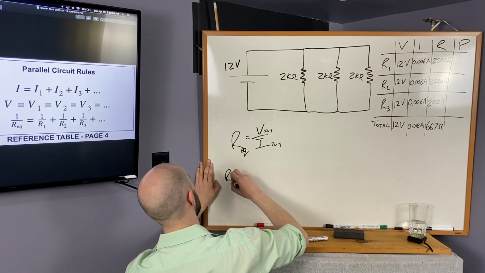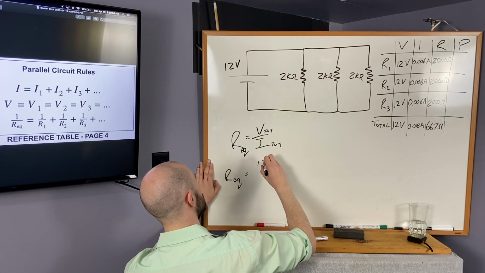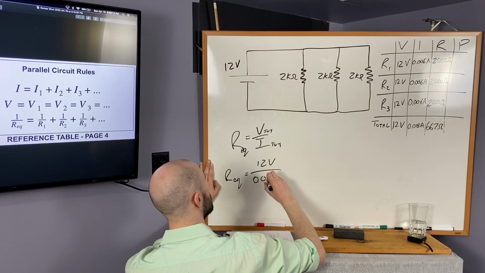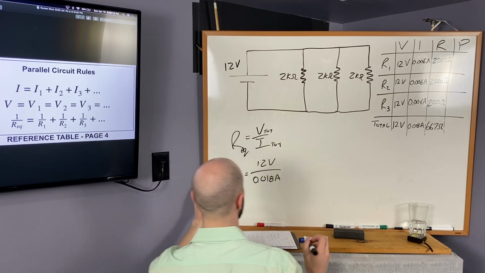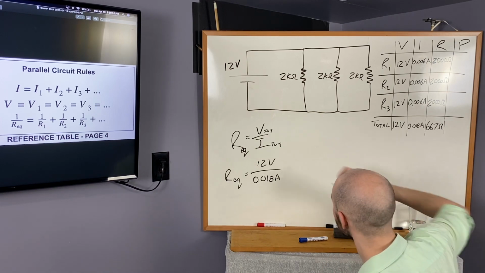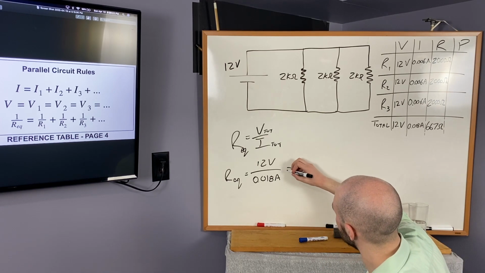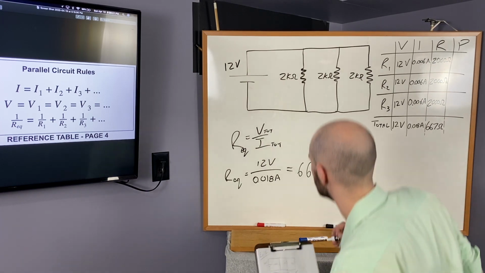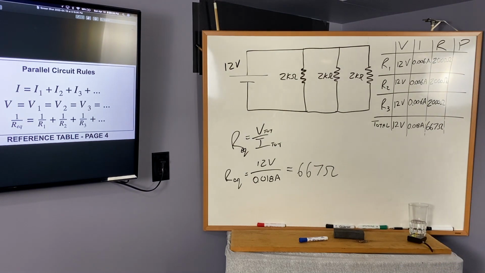Okay, well, Req, the total resistance, is 12 volts over the total current, 12 divided by 0.18 is going to be, you guessed it, 667 ohms. Everything works out. No matter which way you choose to get to the answer, you should always get the same answer because of the laws of physics.